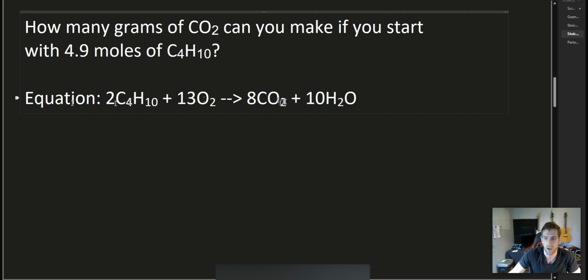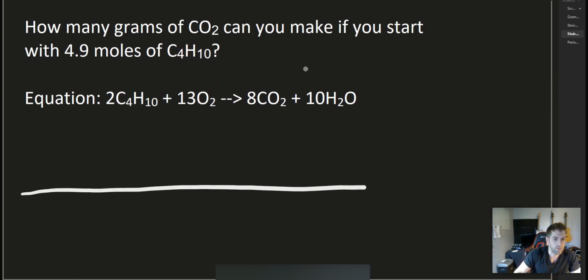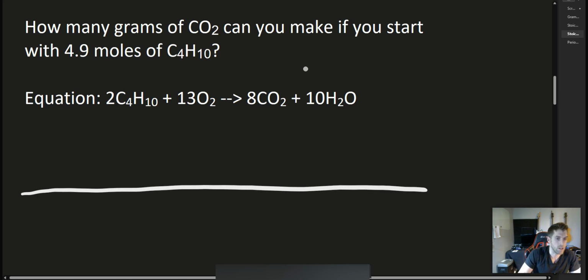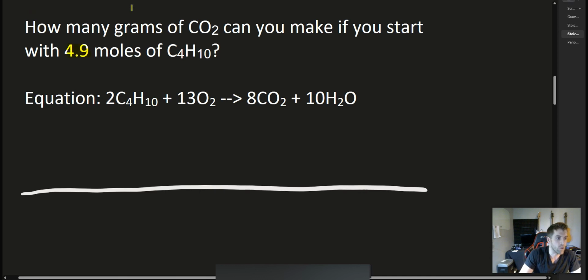So we're going to start off by drawing a little road map for this equation. I'm going to use a line and put in first what we have. So we currently have 4.9 moles of C4H10.